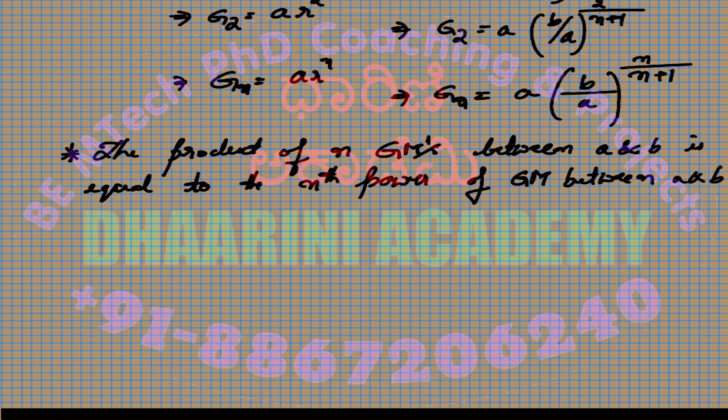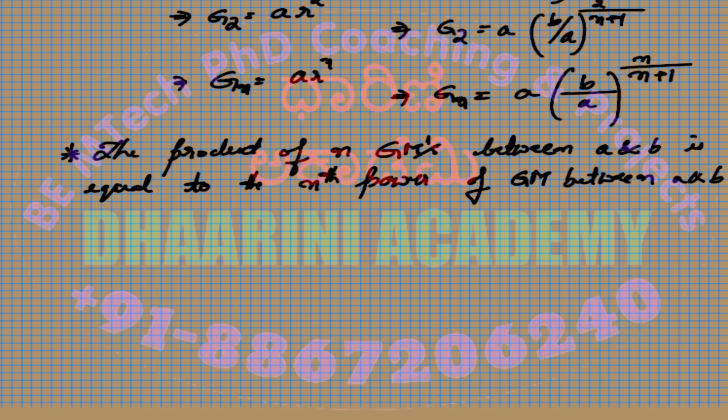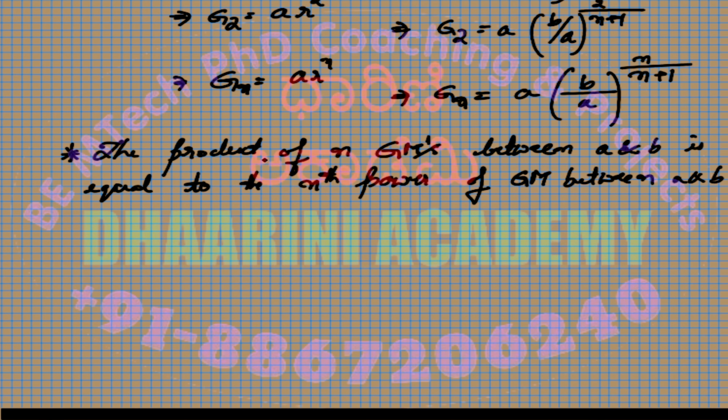Okay, if A and B are the two numbers, then let us write the equation for the single GM between A and B. Say G is equal to root of AB.